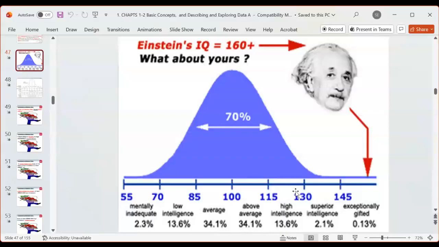Fixed distances from the mean are called standard deviations. Here the standard deviation is 15, so these numbers are 15 points from each other. The variance is just the square of that, the square of 15.